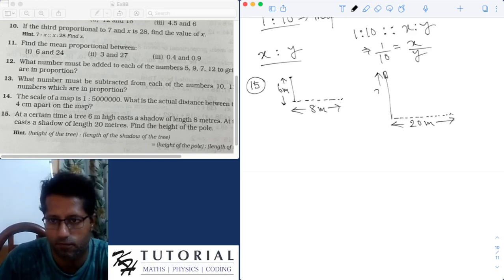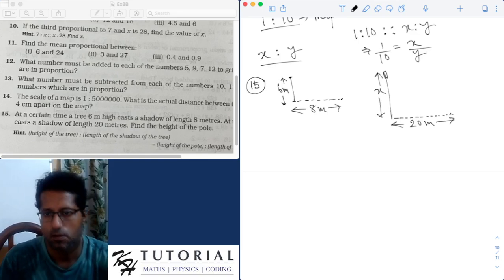So let's say the height of the pole is x. Now what concept do we need to apply?